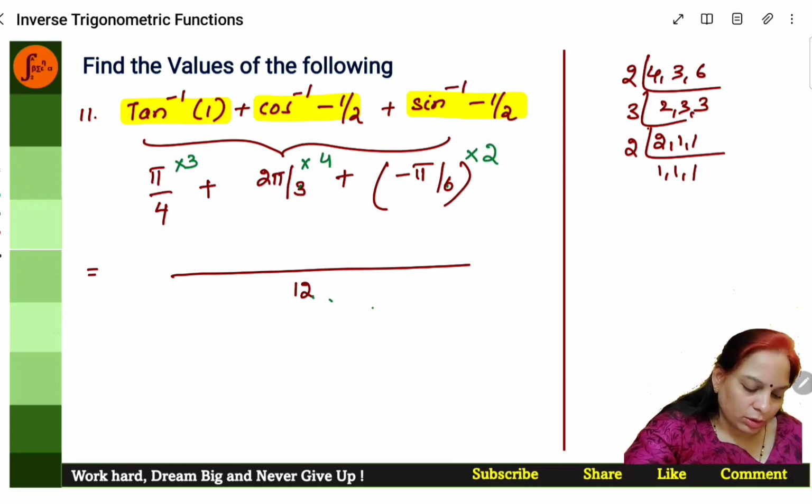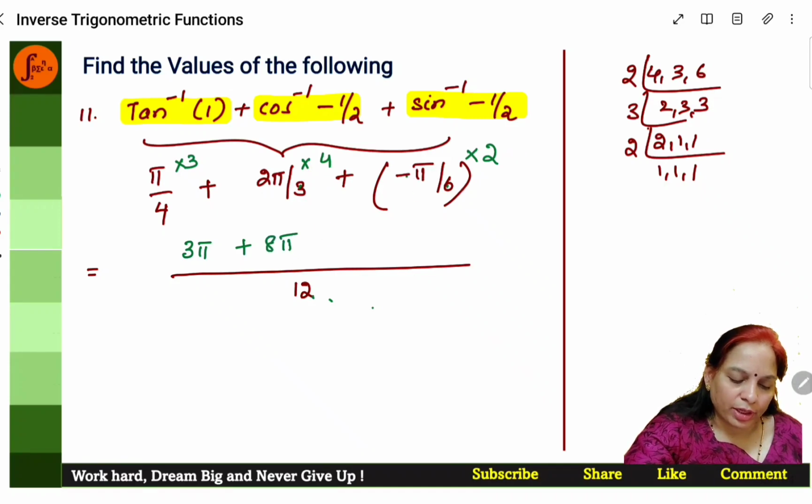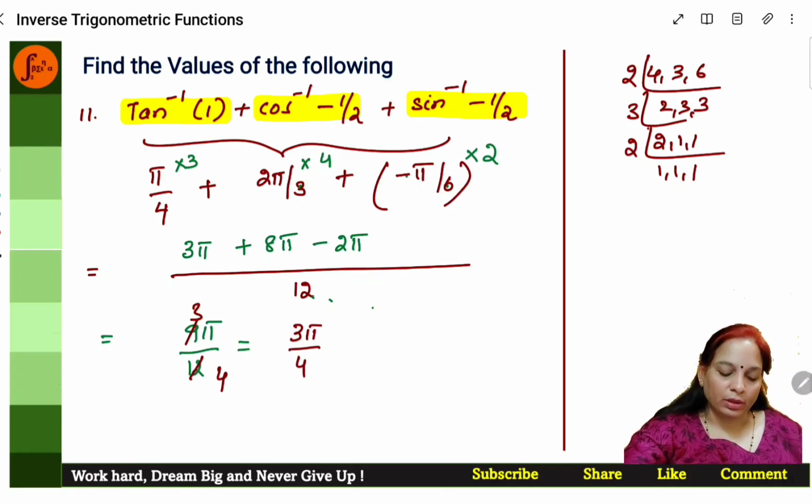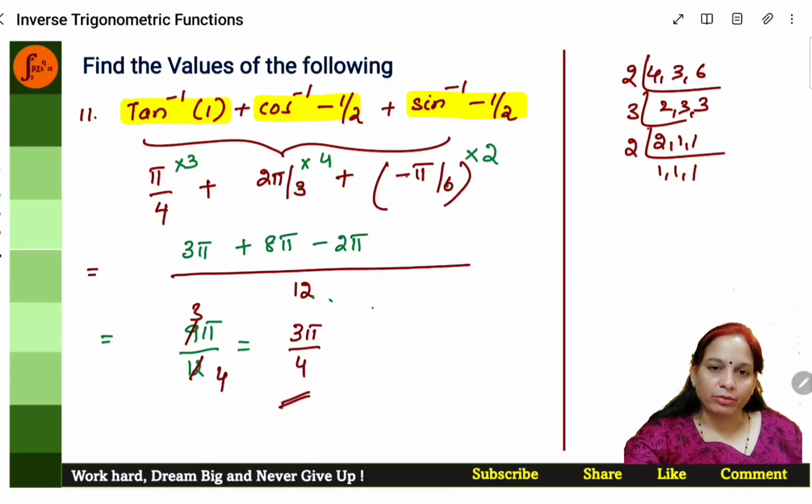So it's going to be 3 pi plus 2 pi into 4, 8 pi, minus pi into 2, minus 2 pi. So this is going to be 9 pi by 12. This is nothing but 3 3s are, 3 4s are, so I'll get 3 pi by 4. So this is the answer, 3 pi by 4.